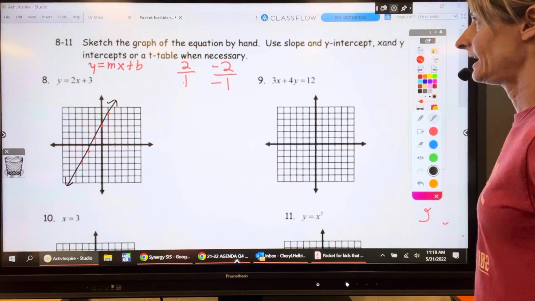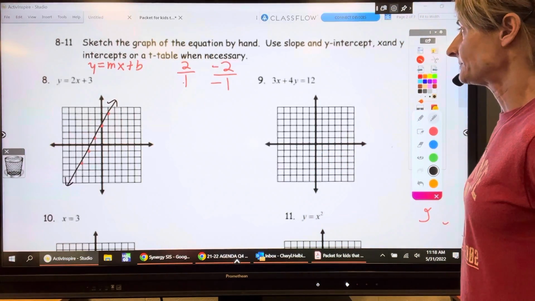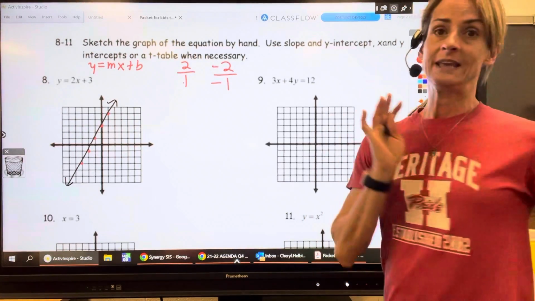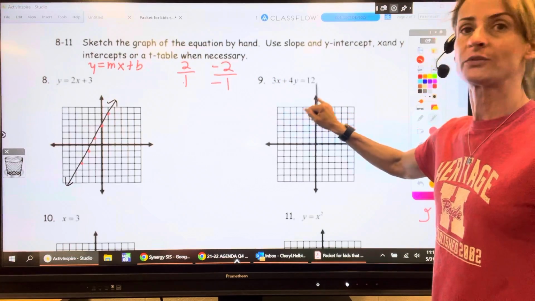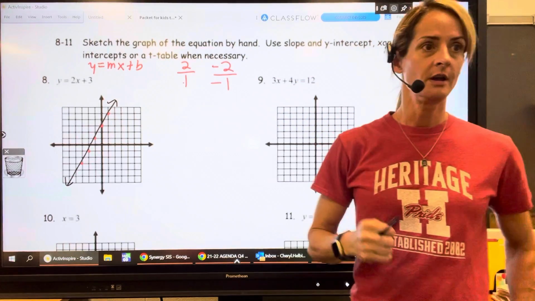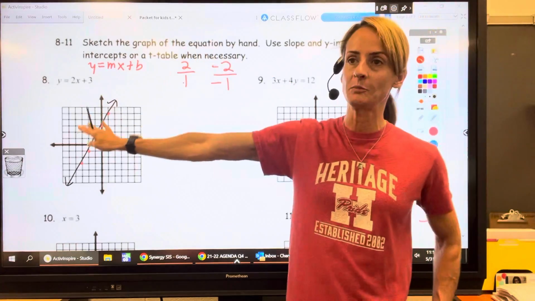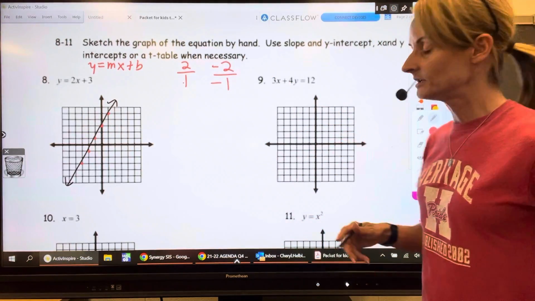Number 9, and I can attach this worksheet as well. 3x plus 4y equals 12. Yes, we could isolate the y by subtracting 3x from both sides and dividing both sides by 4, and then doing the problem the exact same way we did number 8. However, we could also use intercepts.